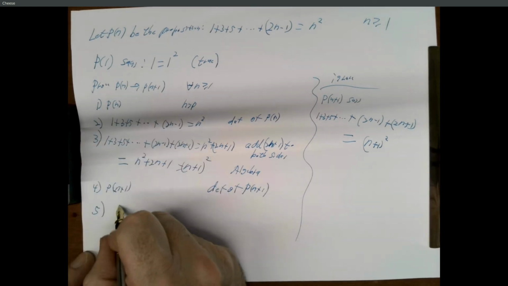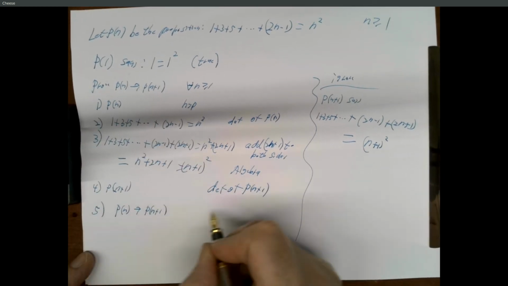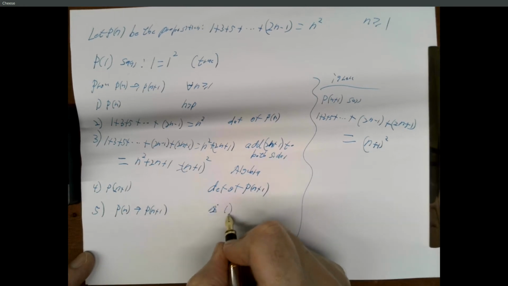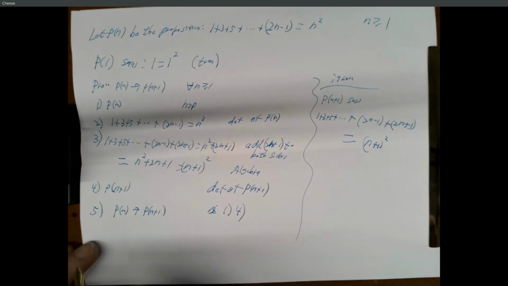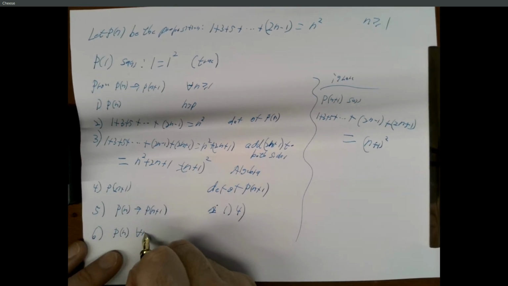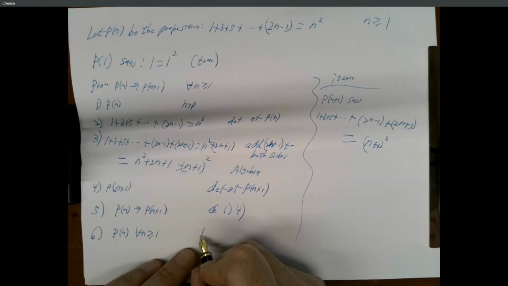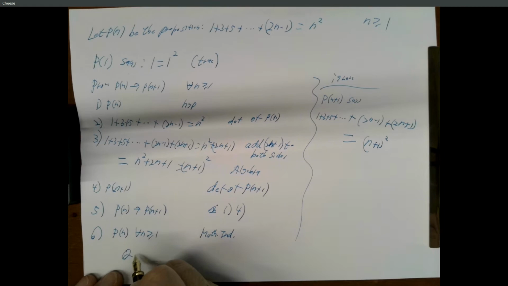And so now we can say, given P of n, P of n plus 1 is also true. And now we can say P of n itself is true for all n bigger than or equal to 1. That's mathematical induction. And we're done.